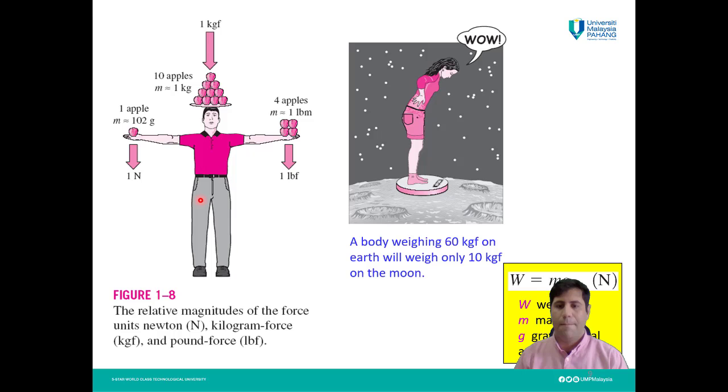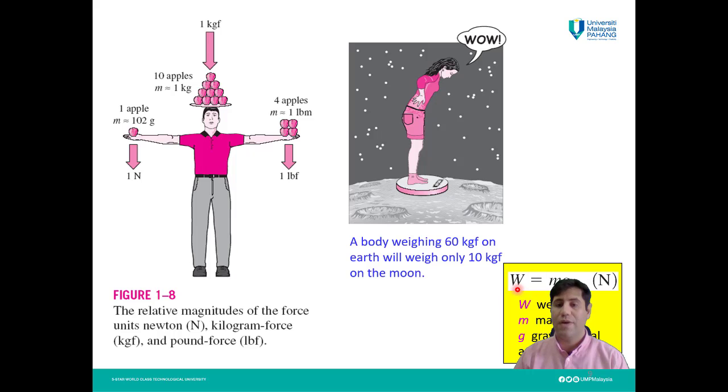Here is an example of the relative magnitude of these 3 units, all of which are for mass. And about weight, weight is the multiplication of the mass of any object or body times the gravitational acceleration, like what you see here. W is equal to mg. The unit of W is Newton.